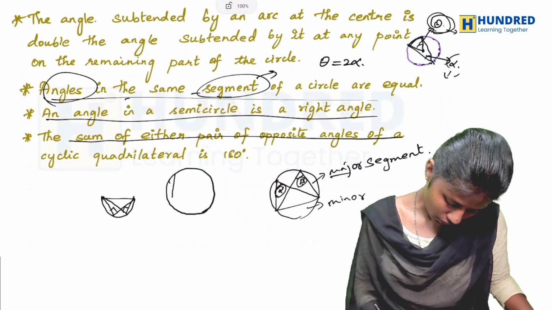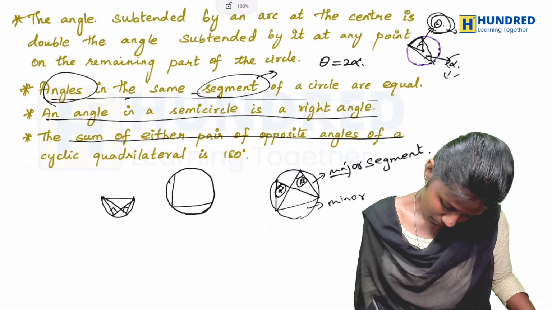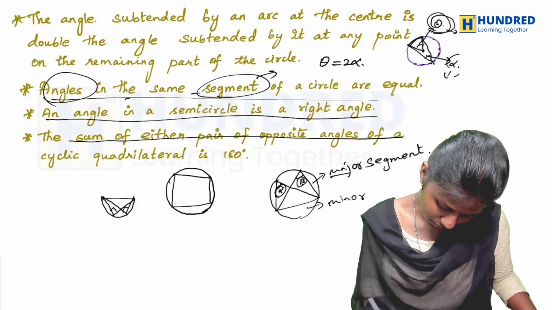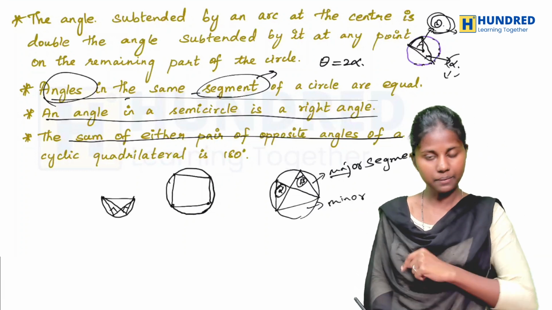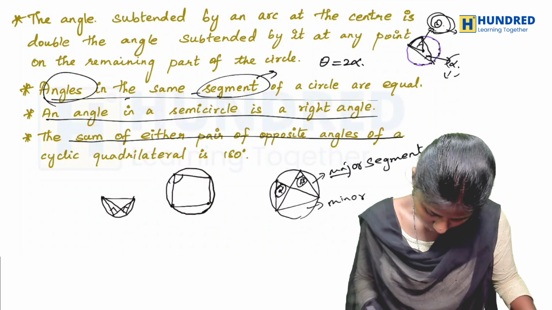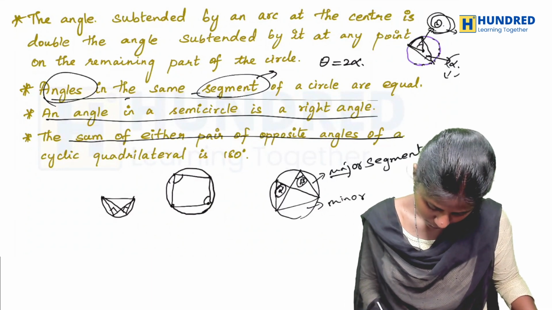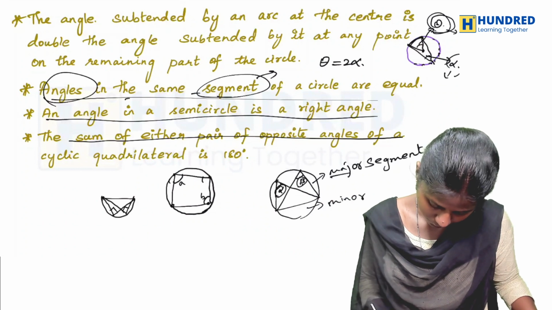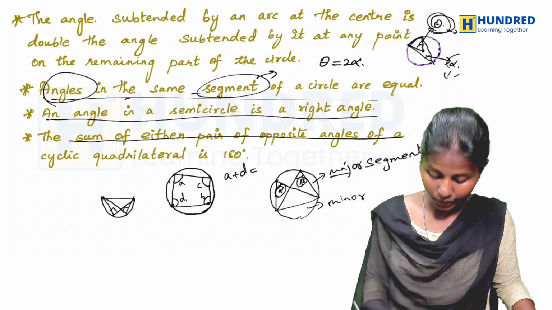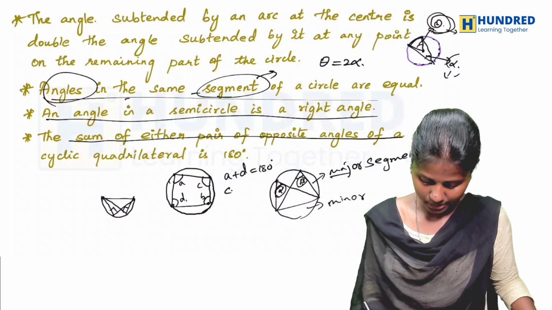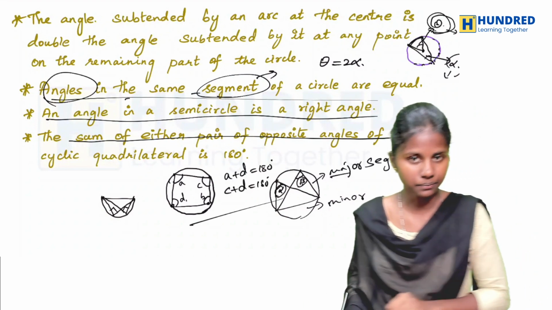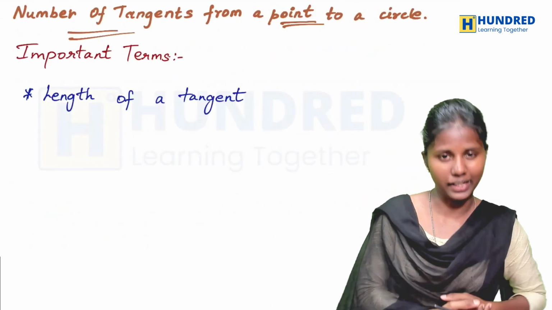I am going to draw a quadrilateral like this one, which has its vertices on the circle. In this quadrilateral, the opposite angles A, B, C, D: A plus B will be equal to 180 and C plus D will be equal to 180. Fine. Let's move on to the next one.